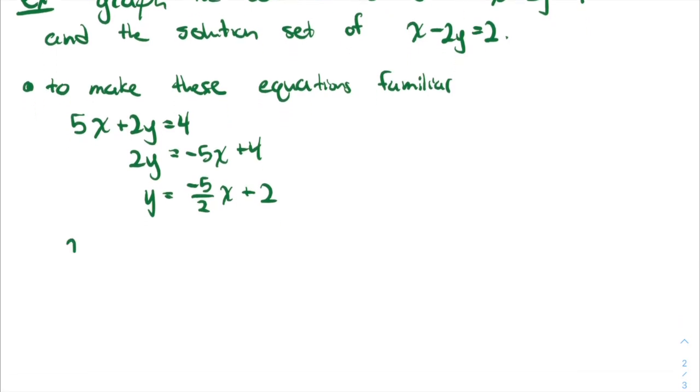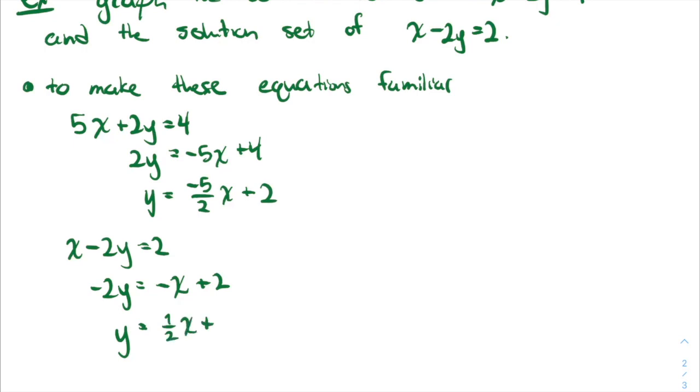Similarly, x minus 2y equals 2 gives us negative 2y equals negative x plus 2. y equals 1/2 x minus 1.